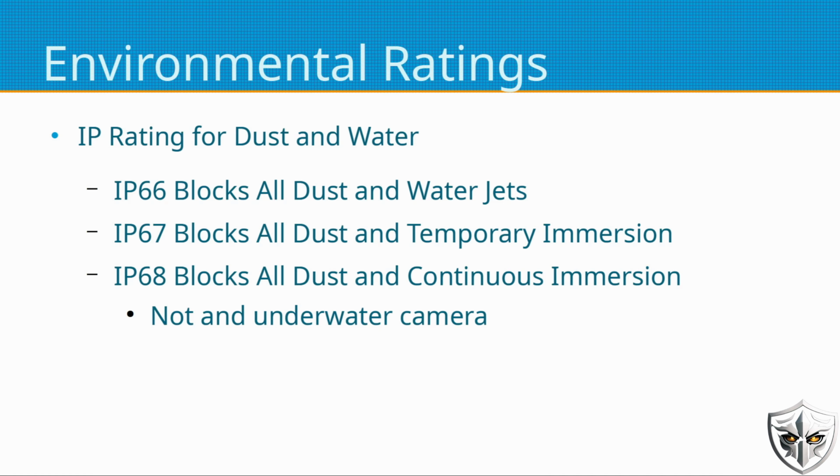I think they're usually rated like IP69. But you could drop this in a pool temporarily and pull it out and it'd still function. Typically, any outdoor camera I'm going to use, I want to be at least an IP67. That way, if you do get a significant rainstorm, if you get snow and ice built on top of it, whatever, you don't run the risk of having water get inside the camera housing.